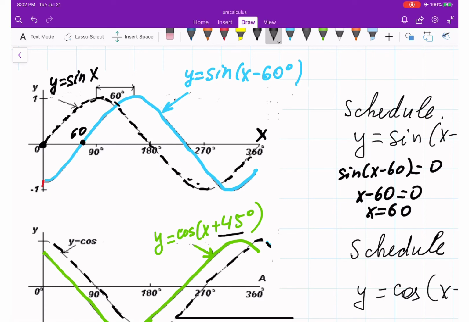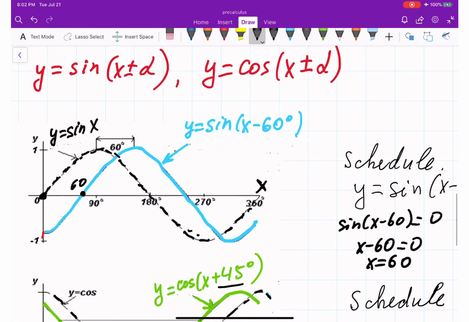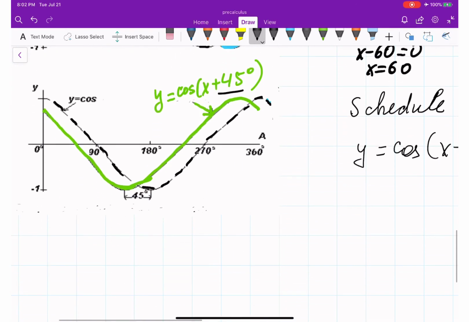So remember when we built, let me do a draft here, y equals x minus 2 squared, then you shift x by positive 2. But if you have x plus 2 squared, you shift by negative 2.